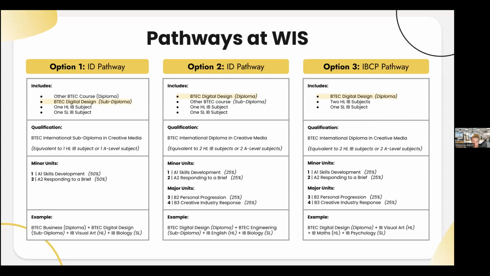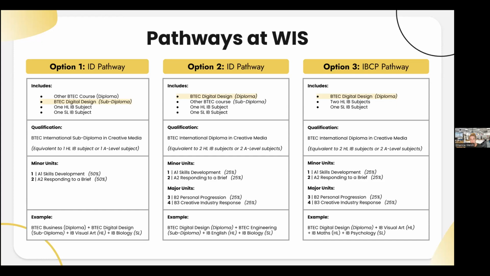But then they'll do 2 higher level IB subjects and 1 standard level IB subject. So it's more evenly weighted. They still do a BTEC, but they also do 3 IB subjects alongside of that. For example, they would do BTEC Digital Design, IB Visual Art higher level, IB Maths higher level, IB Psychology standard level.